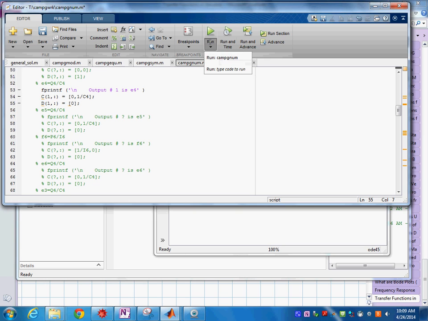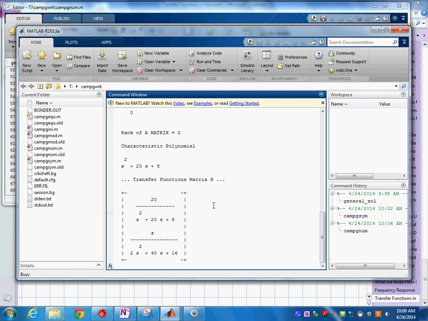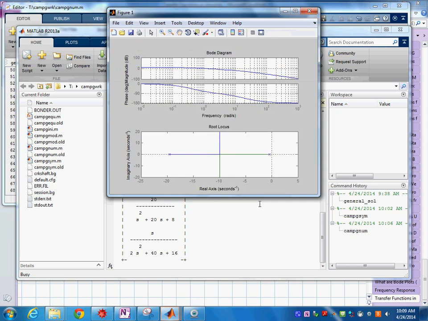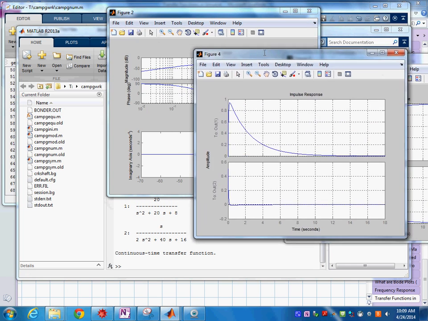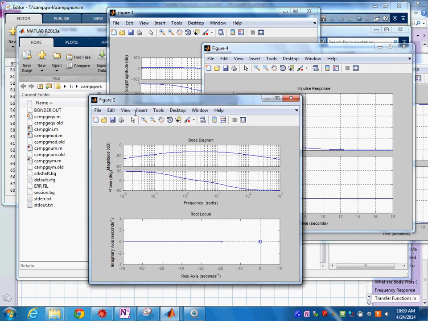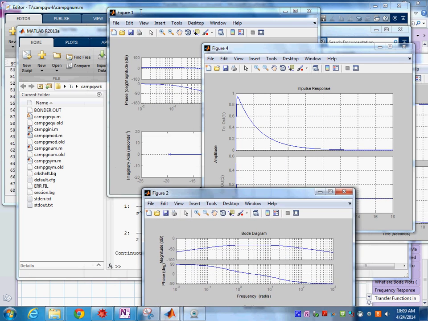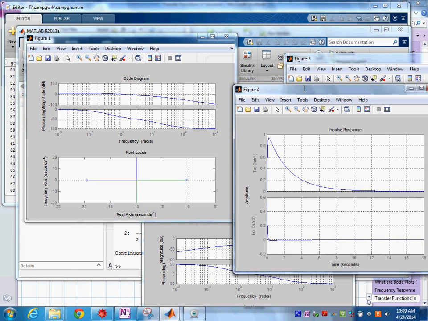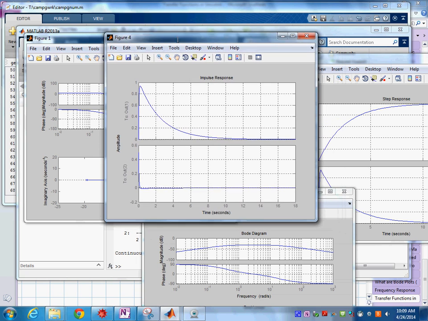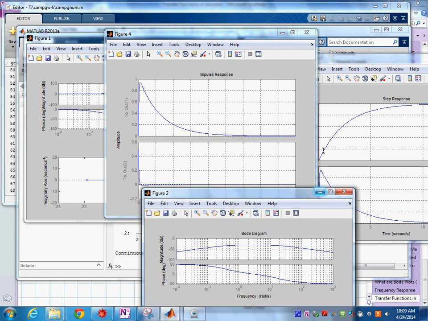You say run this, the command. There's the D matrix, there's the transfer function matrix. Of course, this is the initialized one, but you see in here, what will happen is we have already the program running to produce the Bode plots and to produce the step and impulse response for the transfer function.